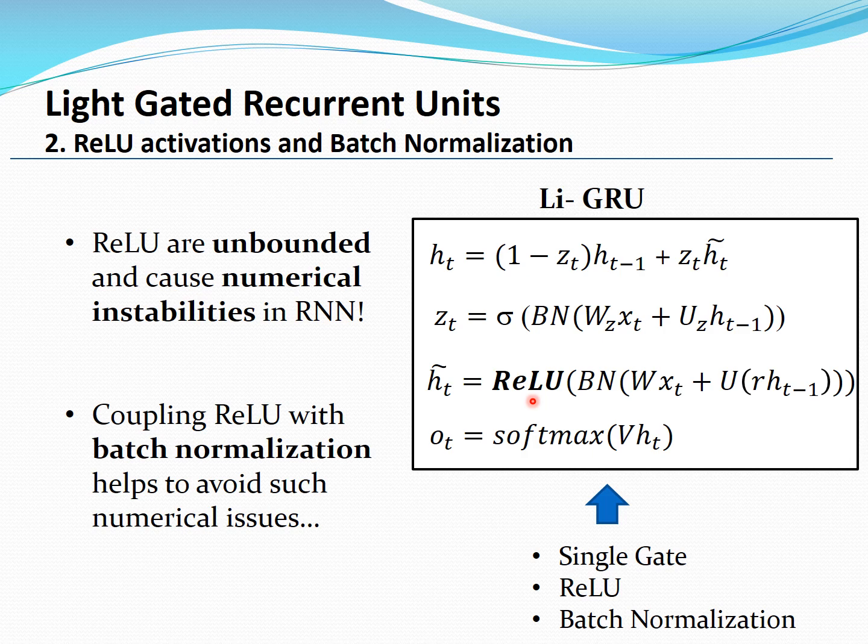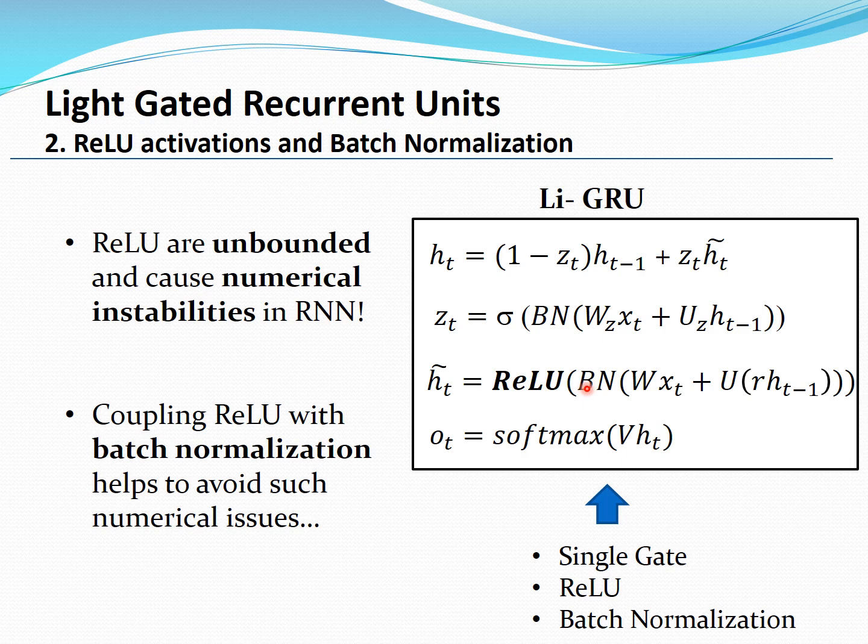The reason why ReLU are not so popular in recurrent neural networks is that ReLU are typically unbounded, and they may cause numerical instabilities, especially in a long chain of computations. But if we couple the activation with batch normalization, we don't observe any more such numerical instabilities, and we can effectively benefit from both ReLU and batch normalization in the same model.